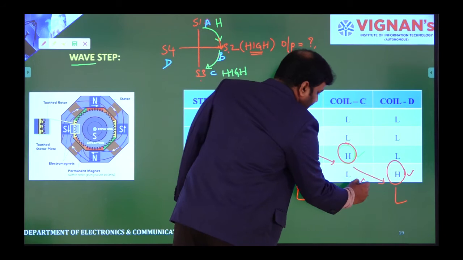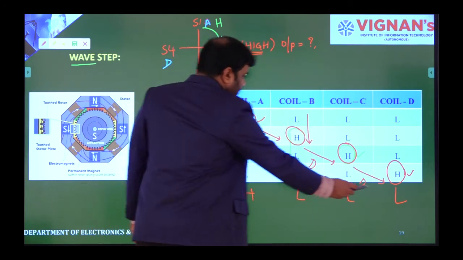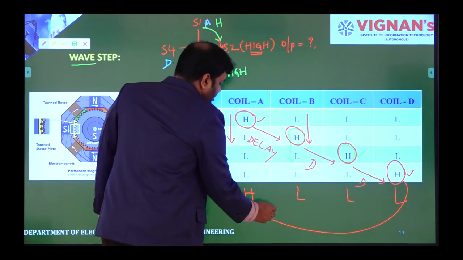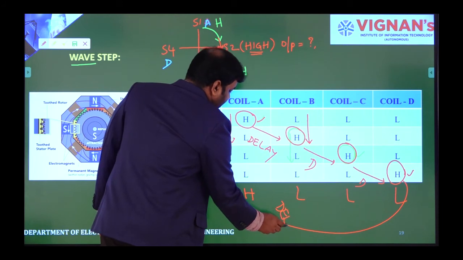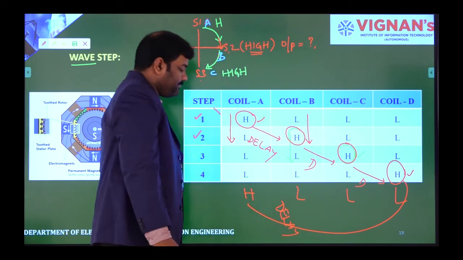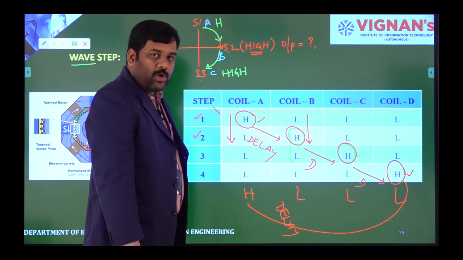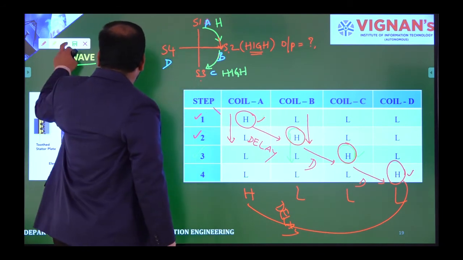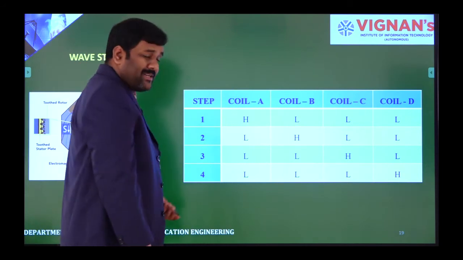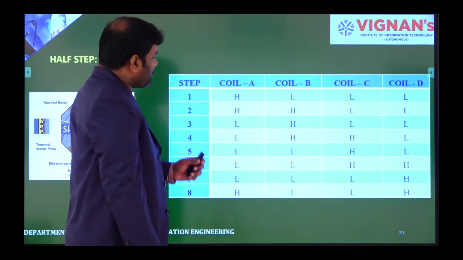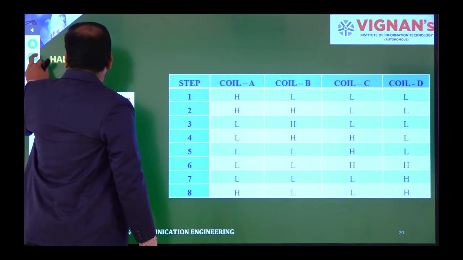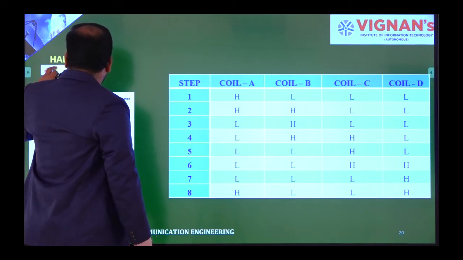Here also delay, here also delay, and whenever it is changing from here to here also, there is a delay. So if delay exists, the motor will not operate properly in between any 2 steps. So for that particular purpose, I have to choose half step, not half wave, half step operating mode.